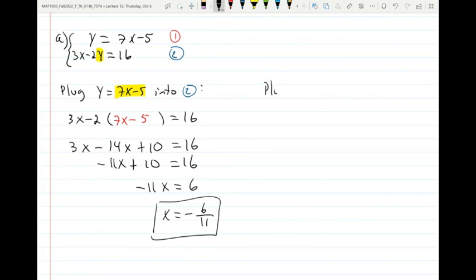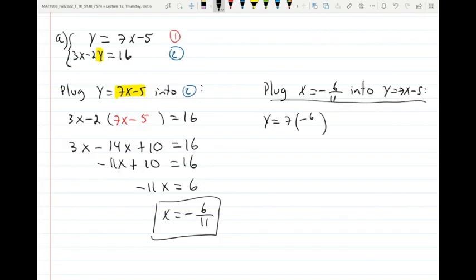So now we're going to plug x equals negative 6 over 11 into number 1, or into this expression, which happens to be the same thing as number 1. So we get that y equals 7 times negative 6 over 11 minus 5.